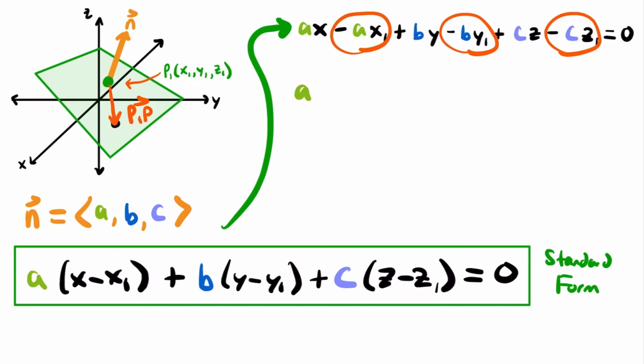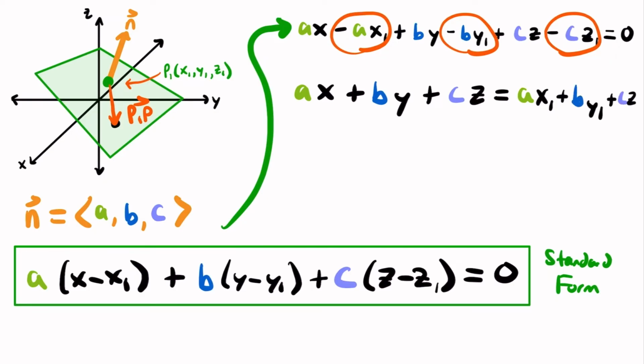We'll have a times x plus b times y plus c times z, and that will be equal to those other three terms that will now be positive because we're adding them to both sides of the equation to cancel out with their negative versions on this side. So we have a times x1 plus b times y1, and then plus c times z1.